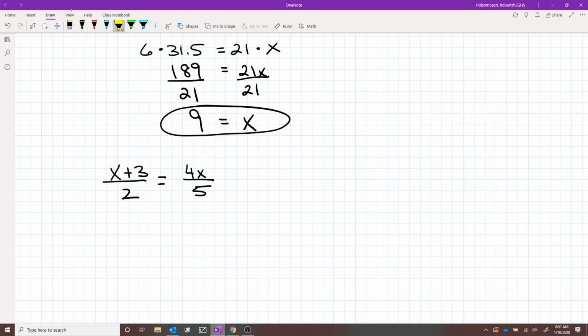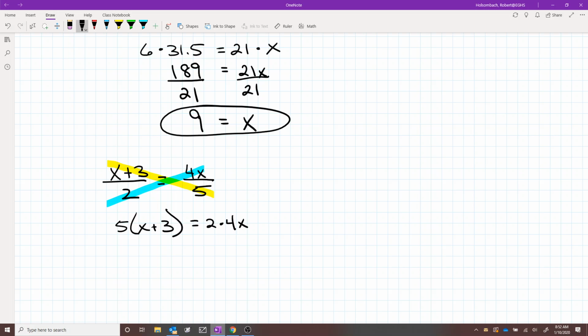So I'm going to multiply these two, and then I'm going to multiply these two. So my x plus 3 times 5 is the same as 5 times x plus 3. So I'm going to write it as 5 times x plus 3. And that's equal to 2 times 4x.